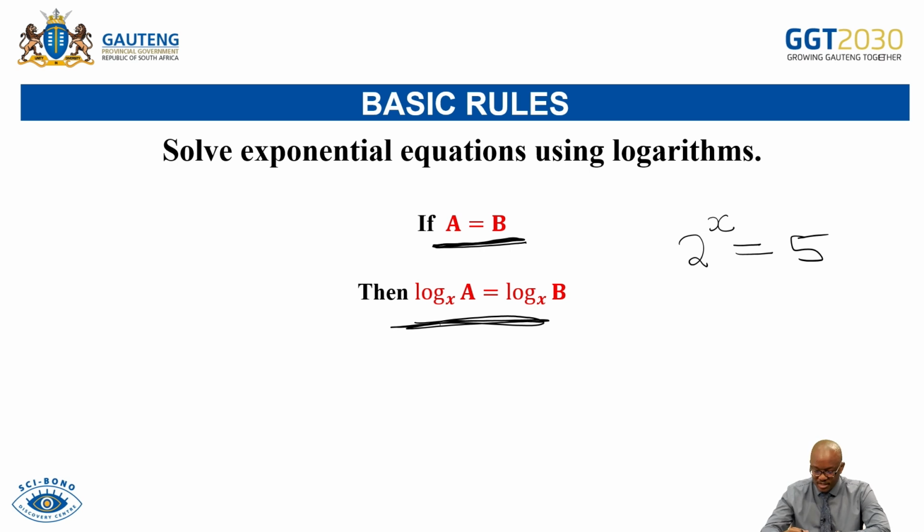When we were dealing with exponents, you knew that the bases need to be the same for you to equate the exponents, or the exponents need to be the same for you to equate the bases. In this case, the base on the left hand side and the right hand side are not the same.